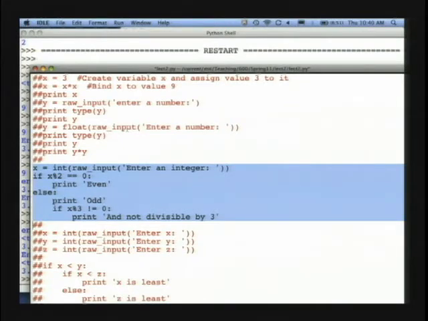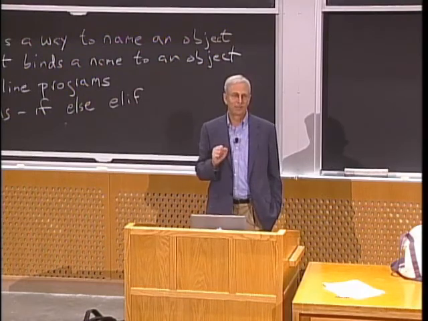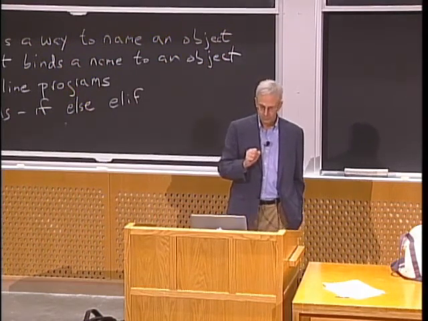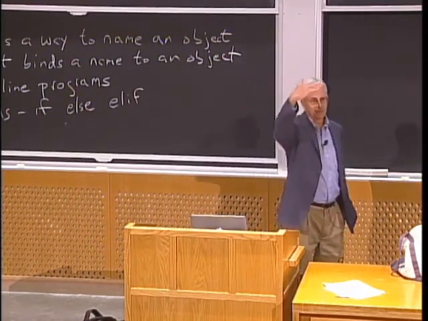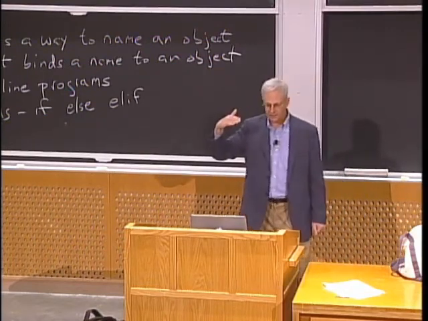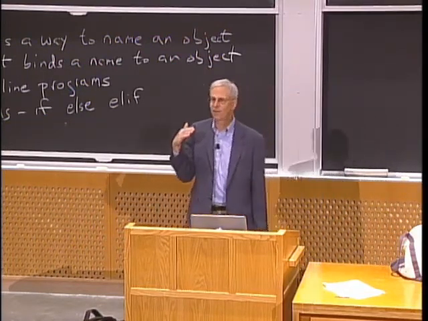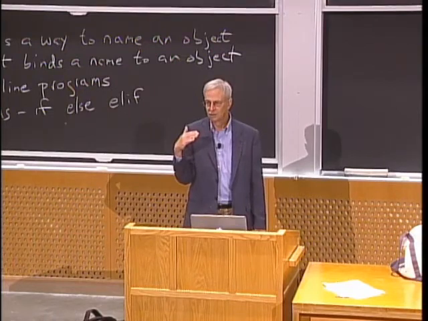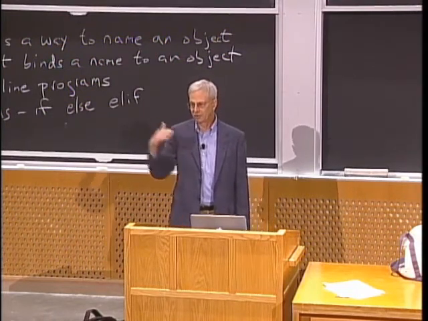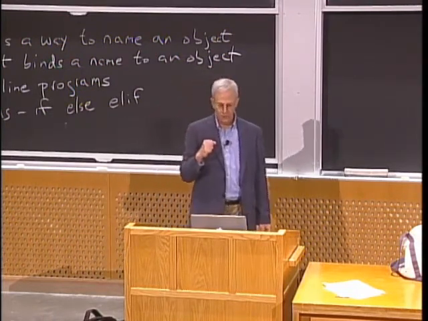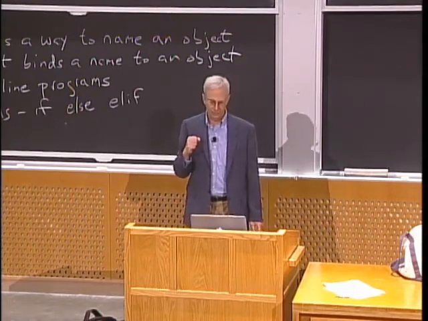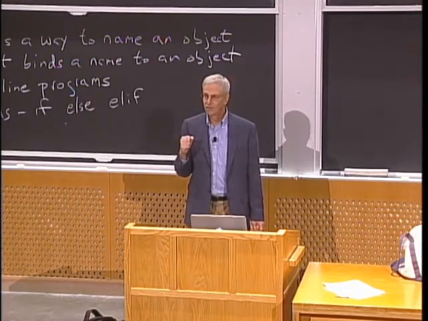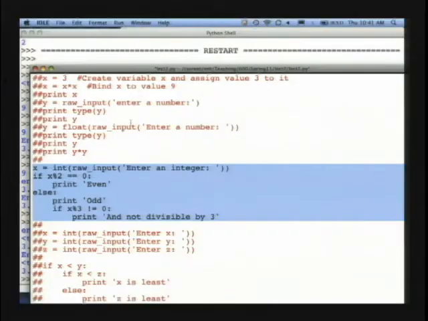Why did I do that? Just to show you that I can nest conditionals inside conditionals. So in one of the branches of the conditionals, I'm now doing a test. So what this does is it comes down, it does the test. If the value of the test is true, it executes the block of code following the if, in this case just print. And then it skips the else.